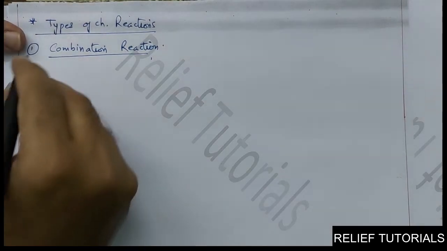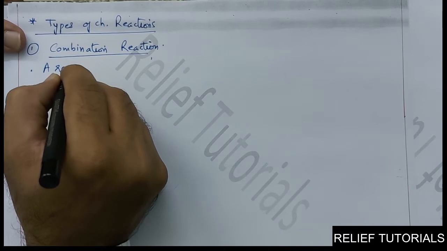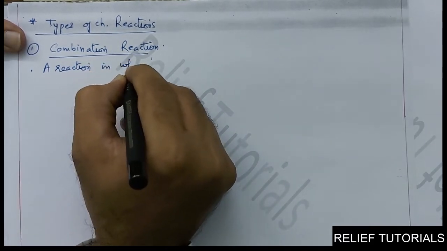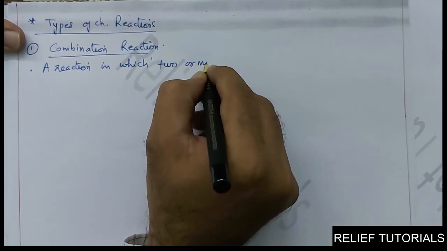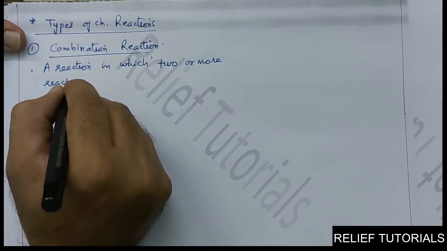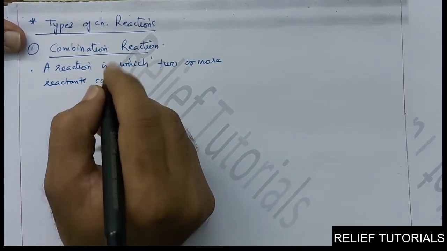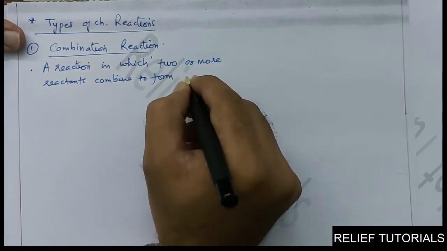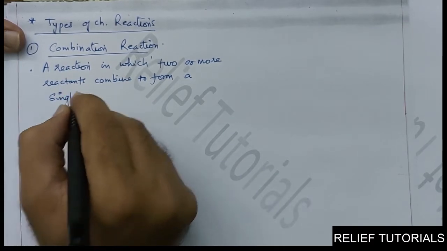So the simple definition for this is a reaction in which two or more reactants combine to form a single product.